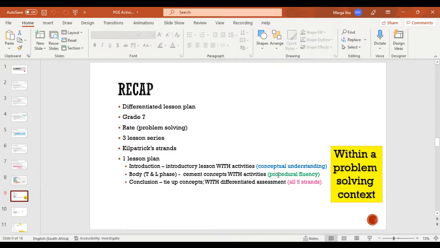So this is focused on procedural fluency. You're going to practice it with examples. And if you incorporate problem solving here, you will also incorporate some of the other strands here. And then in the conclusion, when you tie up the concepts, you will have a differentiated assessment as well, and that will have all 5 strands within the conclusion part of your lesson.